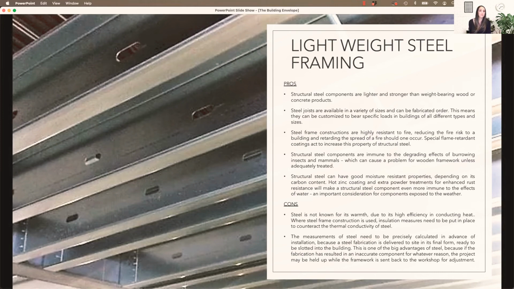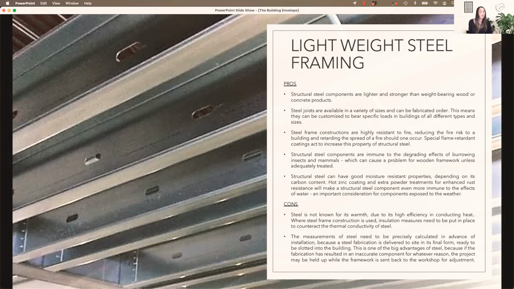So if the building's taller, typically you're going to see more steel construction. They can hold a lot more weight than wood products. They are fire resistant. You don't have any concerns when you're using steel construction about insect infiltration or rotting or water damage, things like that.